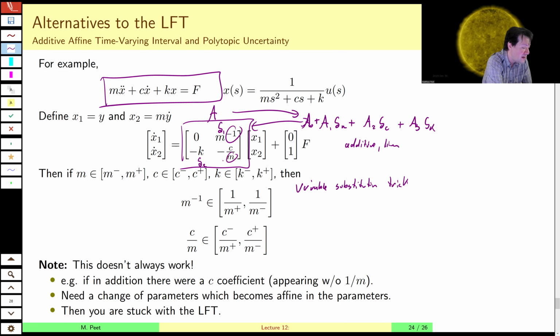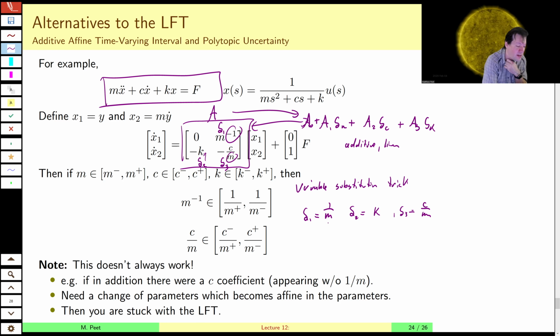And the third one, C over M, is delta 3. So those are our 3 variables, and fortunately they vary independently. Given delta 1, delta 2, and delta 3, they uniquely define K, M, and C. So this is an invertible transformation. Delta 1 equals 1 over M, delta 2 equals K, delta 3 equals C over M.